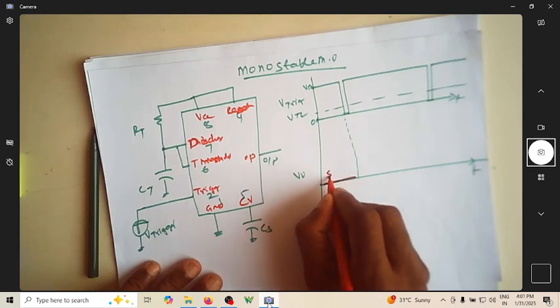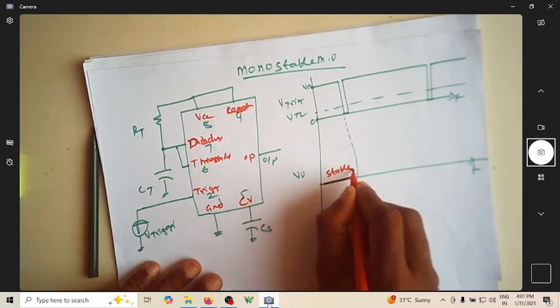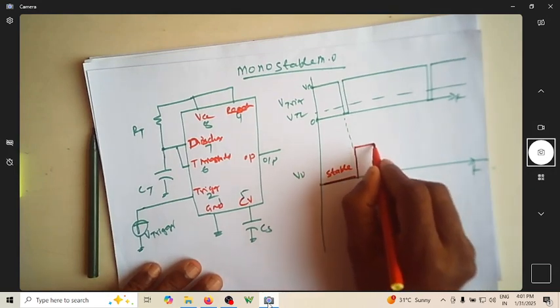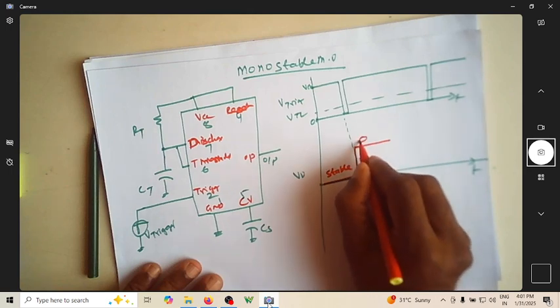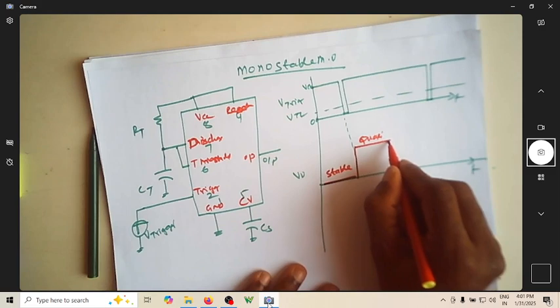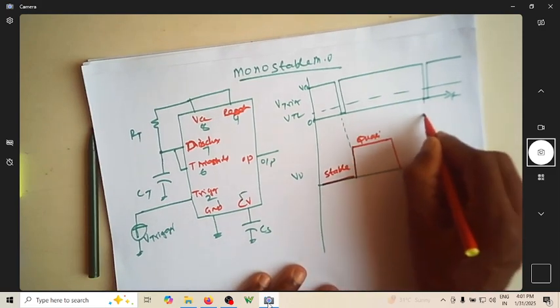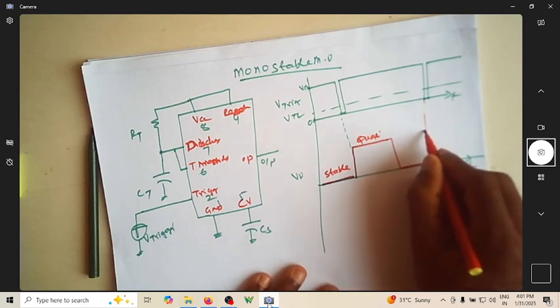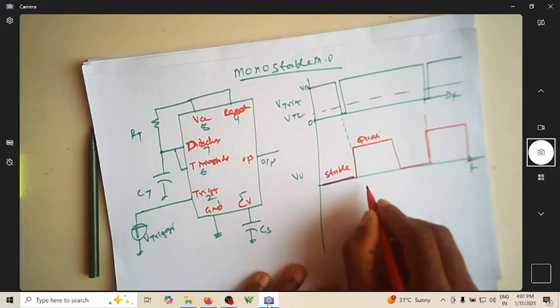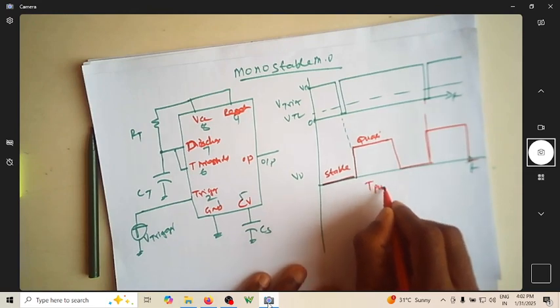This is the stable state. When triggered, the output goes to the quasi-stable state. It remains in this quasi-stable state for a predefined time. It again comes down, and it goes up again only when a trigger is applied. It just comes back here. This is what is called the pulse width, T.